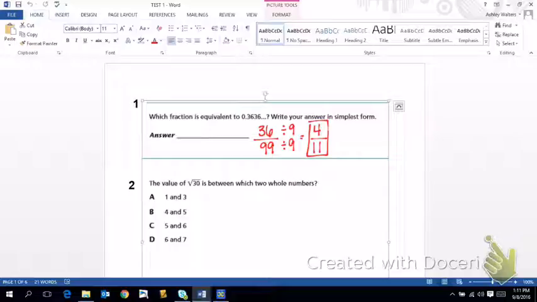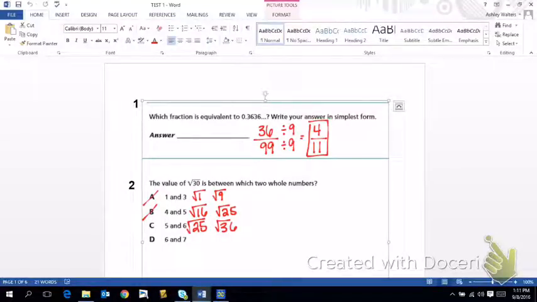In number 2, when we're simplifying the radical expression, we're trying to figure out what two consecutive whole numbers the square root of 30 would fall between, which means we have to know our perfect squares. 1 squared is 1, so we would be taking the square root of 1, and 3 squared is 9, so we would be taking the square root of 9. 30 does not fall between 1 and 9. 4 squared is 16, and 5 squared is 25. 30 does not fall between 16 and 25. 5 squared is 25, and 6 squared is 36. 30 does fall between 25 and 36.